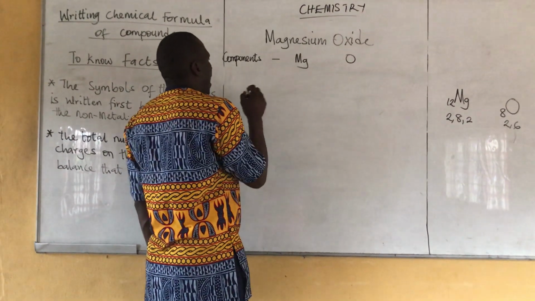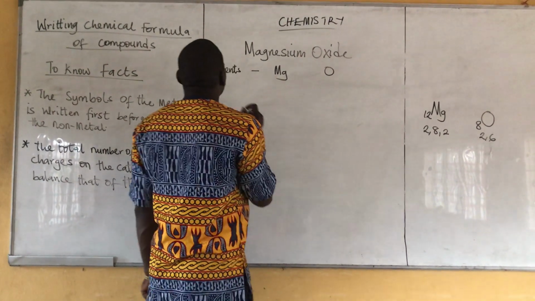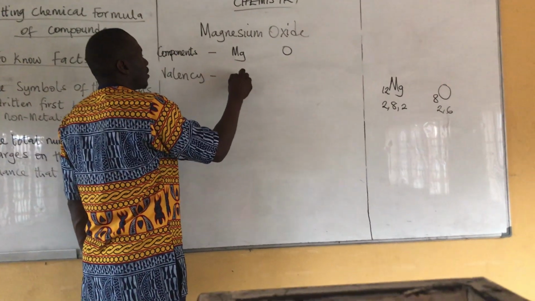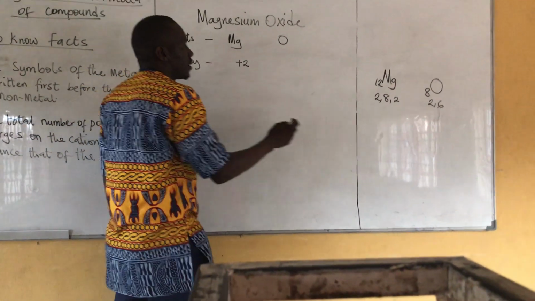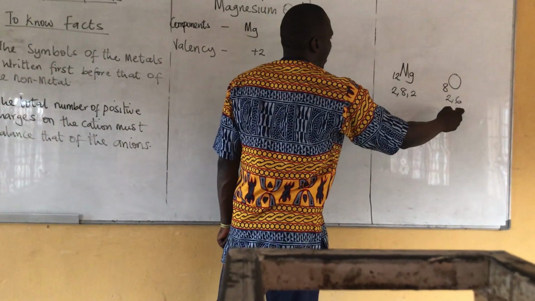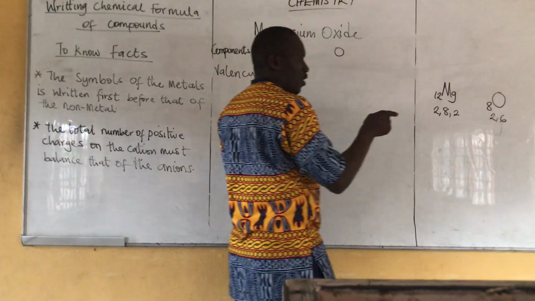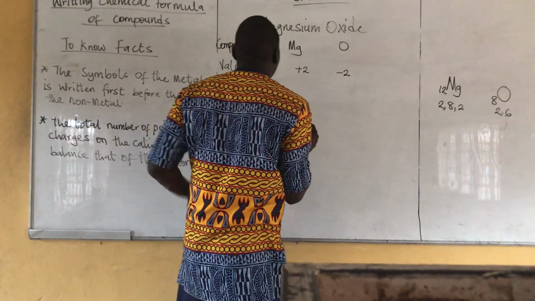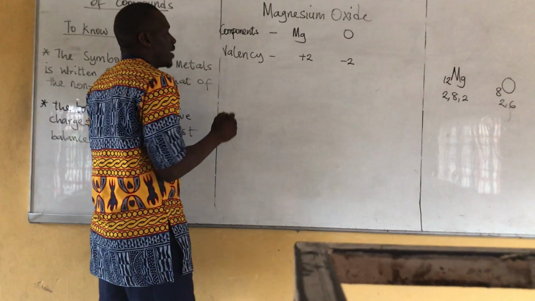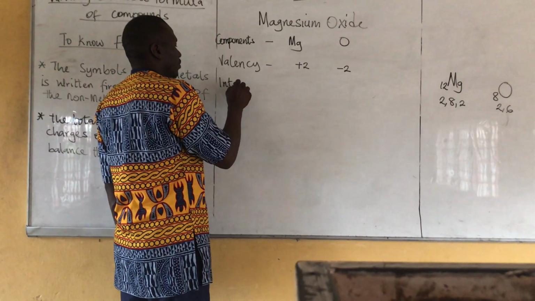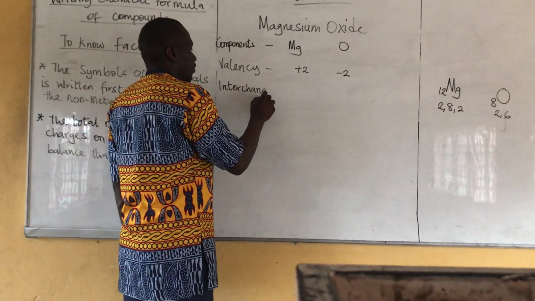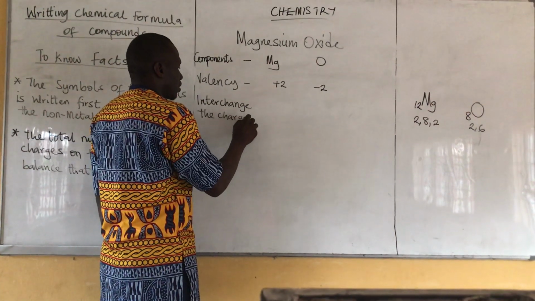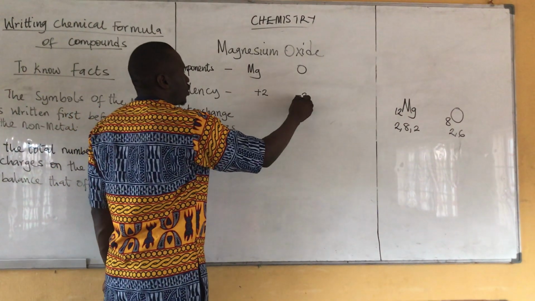Therefore, magnesium has a valency of +2. Then oxygen has a valency of -2. Why? Because oxygen is in group 6. Now, what do we do? We interchange the charges.